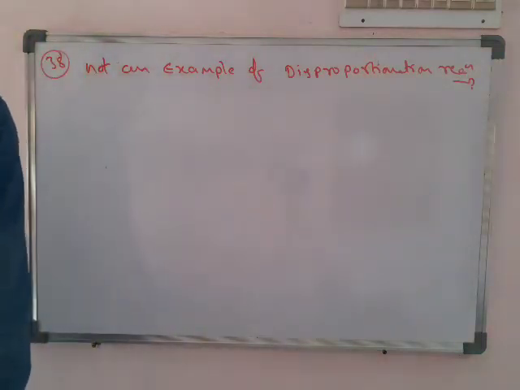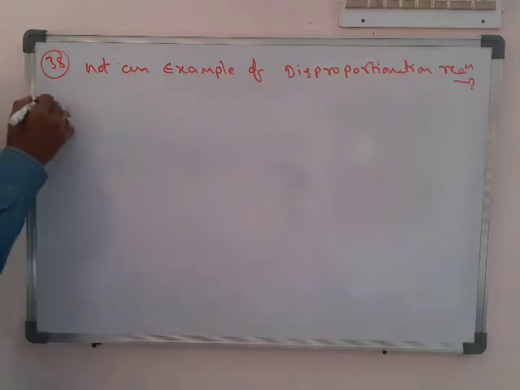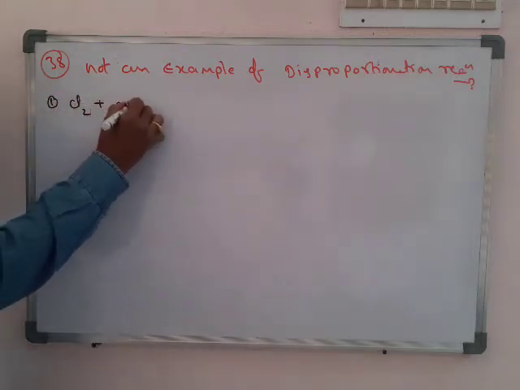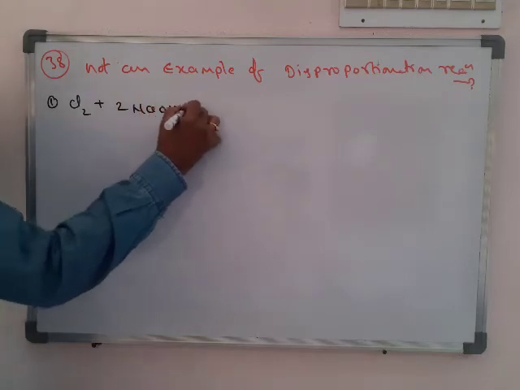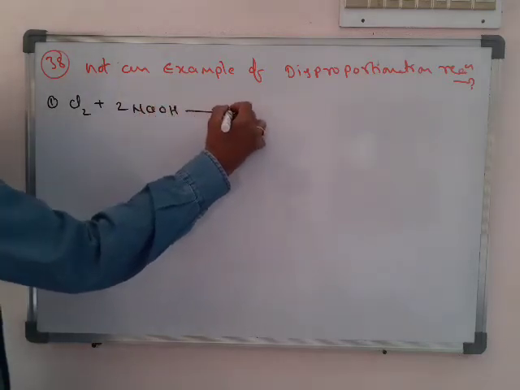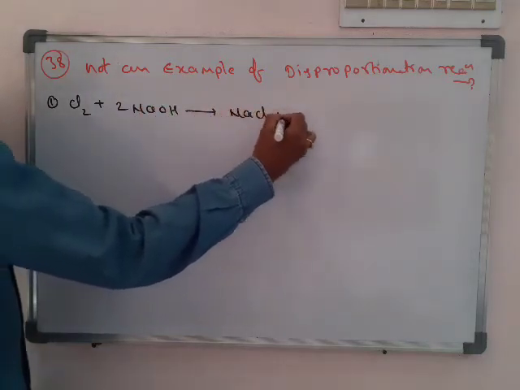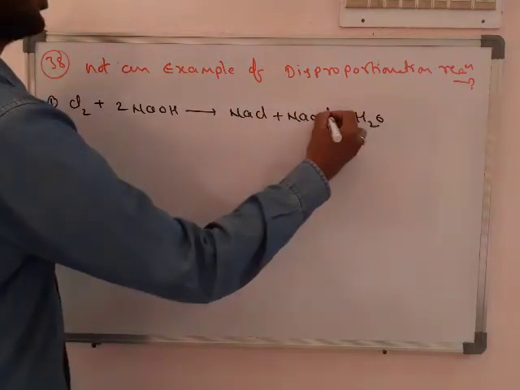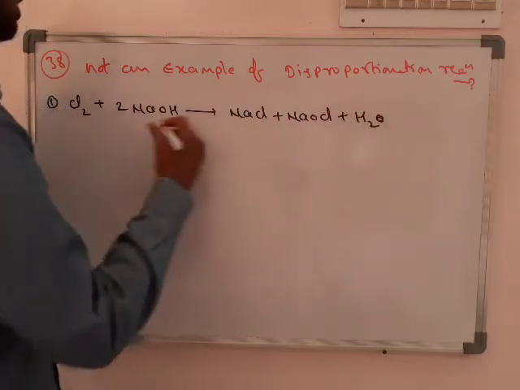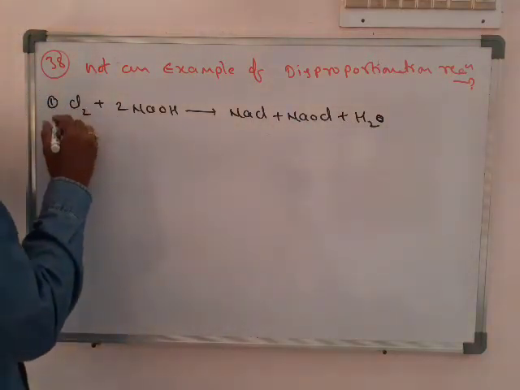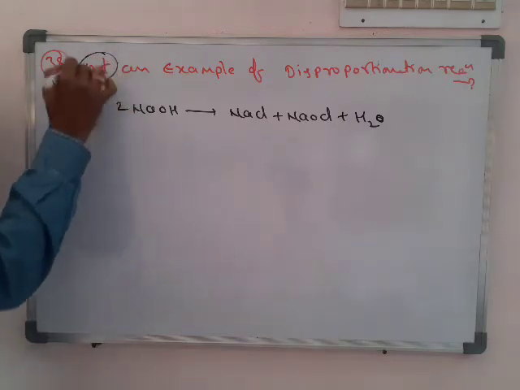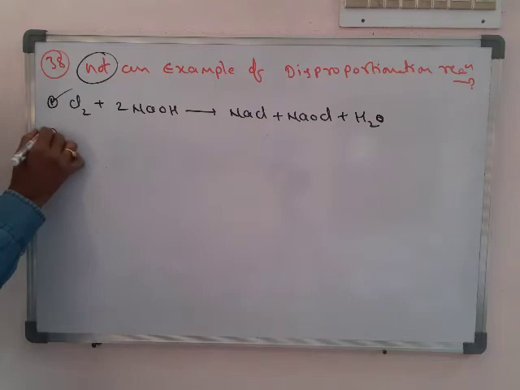We have to check every option. The first one is this only. We know that the chlorine is oxidized and reduced, so this is an example of a disproportionation reaction. We have to know which is not a disproportionation reaction.